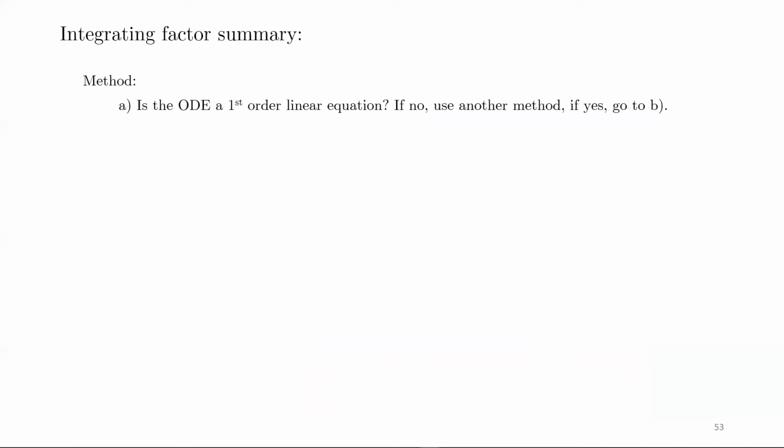We can go to point B. Okay, point B is, well, make sure that the ODE is written in the standard form. That is the dy by dx term, or dy by dt, or the derivative term, has a coefficient of 1 only. If it doesn't, then you may need to do a little bit of algebra to rearrange that equation.